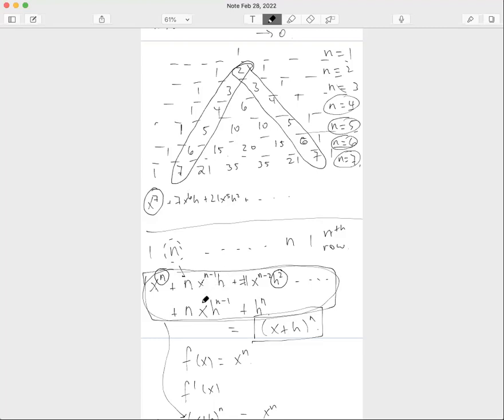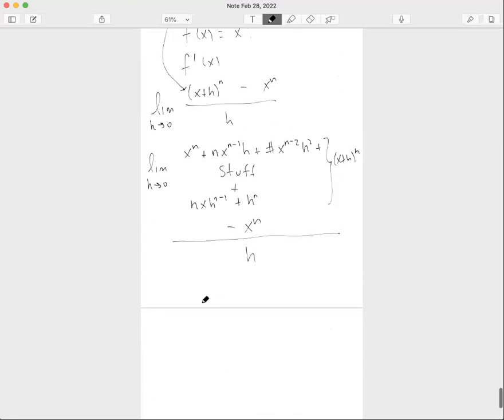It might look overwhelming, but the idea is that this will cancel out so nicely. Well, first of all, does something cancel out? Can you see a term that cancels?